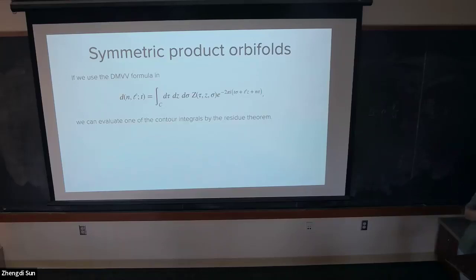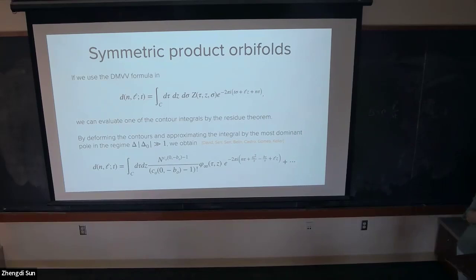And then you can evaluate one of the contour integrals using the residue theorem, because it's just a product of poles, basically. And you have to do a lot of tricks. The computation is a bit subtle, but once you deform the contours, you approximate the integral by the most important pole in the regime that we're interested in. We obtain this expression on the bottom.